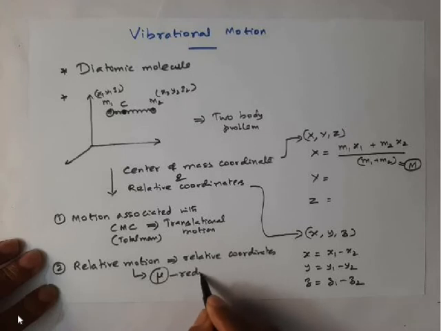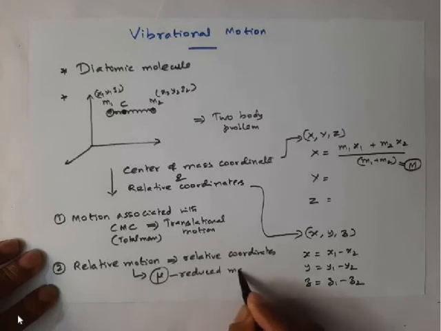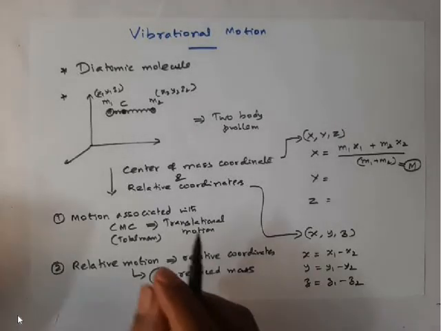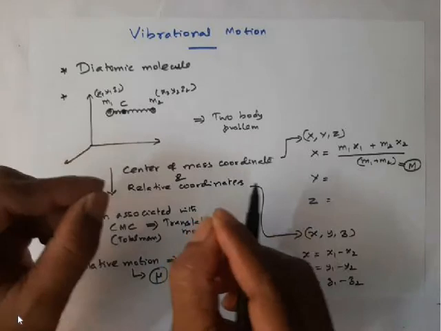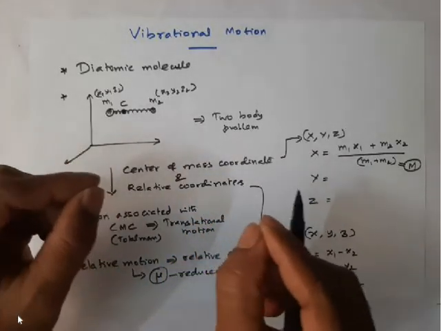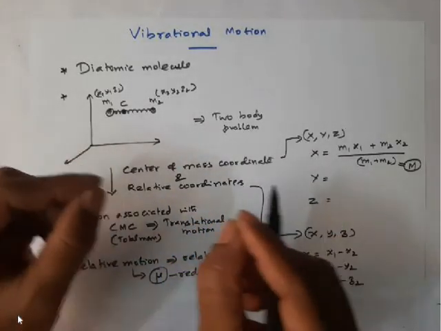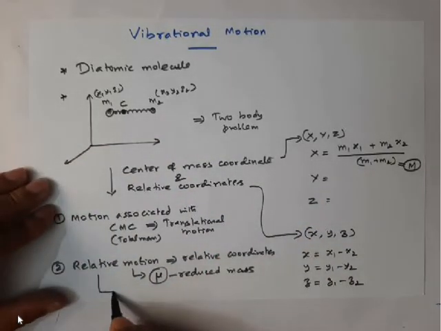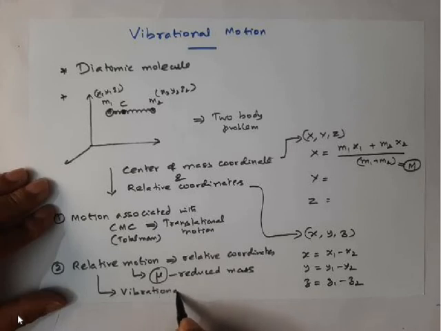Mu is the reduced mass. What is relative motion actually? Relative motion is how the two atoms move relative to each other. In this case, relative motion is nothing but vibrational motion.